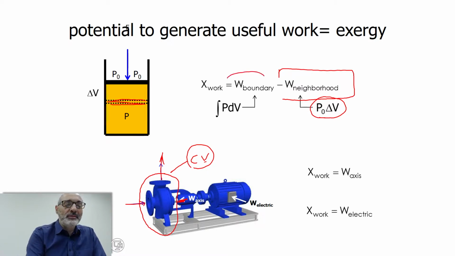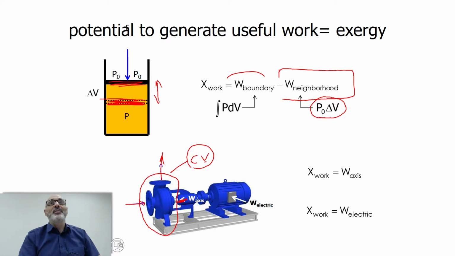We also call this component boundary work, because there is displacement of the boundary. The boundary of the control volume was here, and then now it's here. So it deformed, it experienced displacement. In this case, no, at least in this example. There is no deformation of the boundary of the control volume.